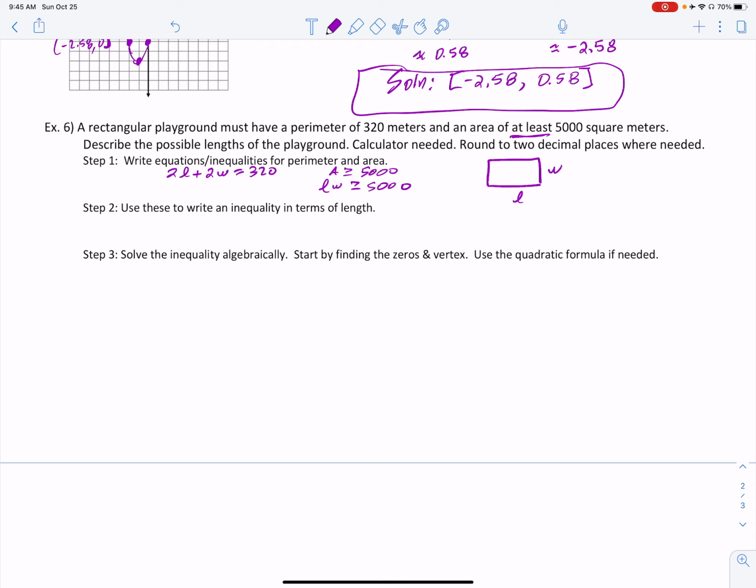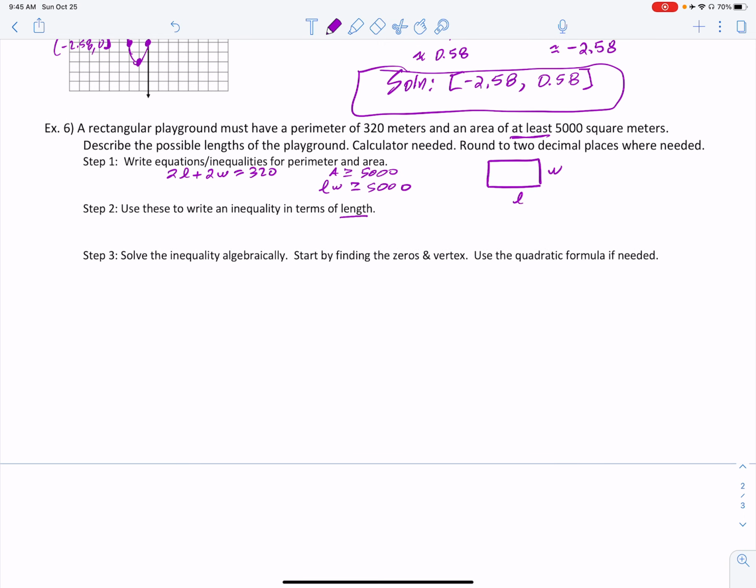And what you're going to do is solve either for L or W and substitute to get the inequality in terms of one variable. But it says use these to write an inequality in terms of length. So I need to get it in terms of L. That means I'm going to replace W, so I need to isolate W and replace. So I want to replace W, so that's what I need to solve for.